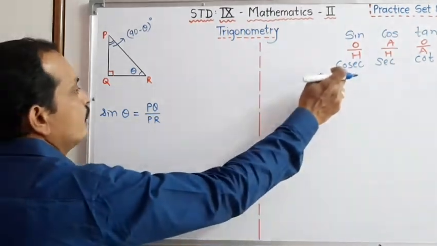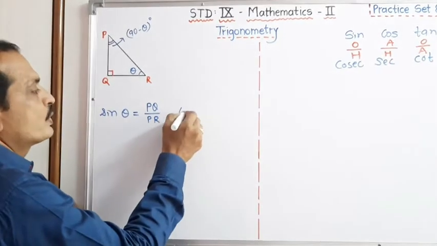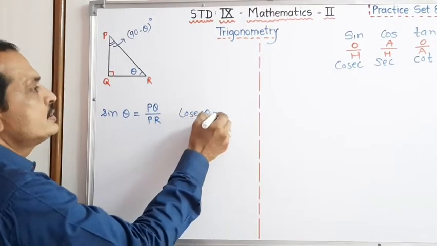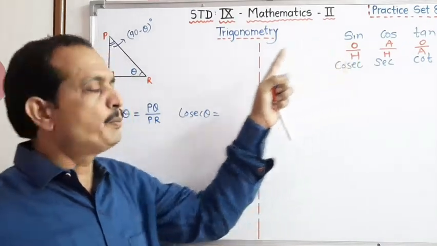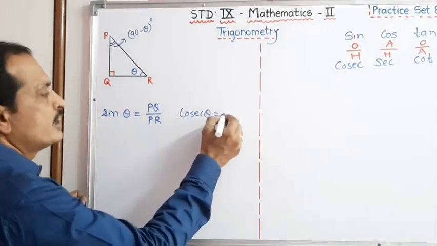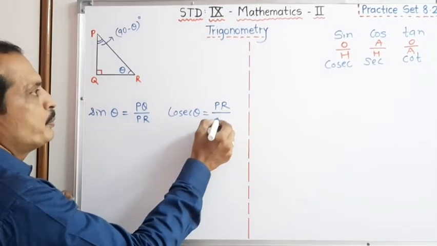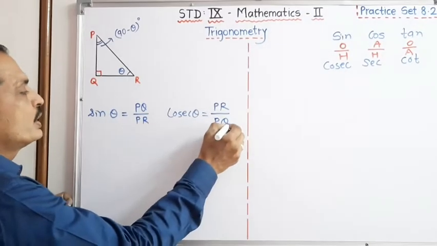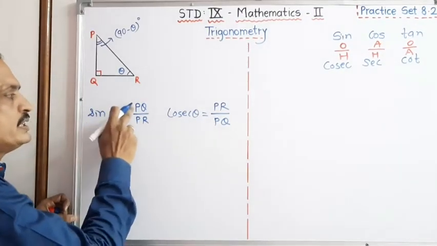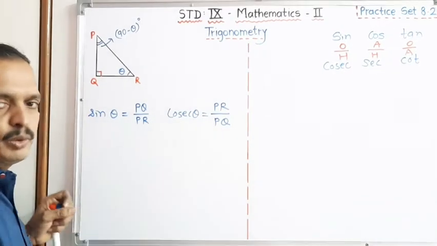Now here we have to write cosec theta. Cosec theta is equal to hypotenuse upon opposite side, that is hypotenuse PR and the opposite side of theta, that is PQ. Therefore we got sine theta is PQ upon PR and cosec theta is equal to PR upon PQ.